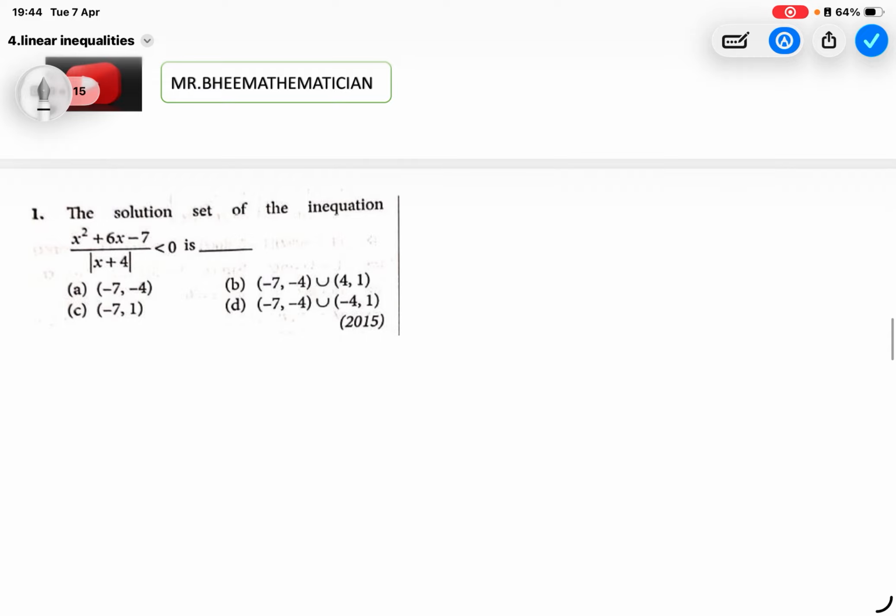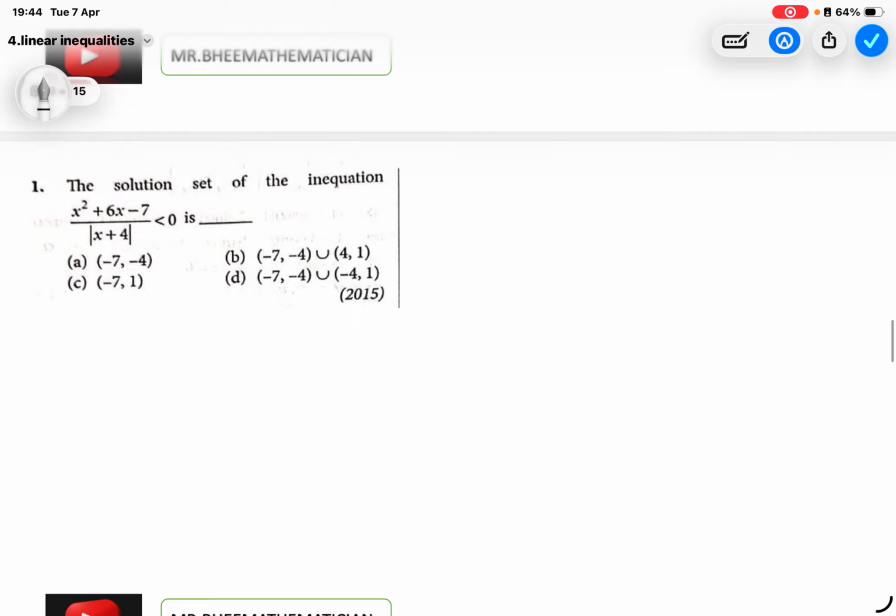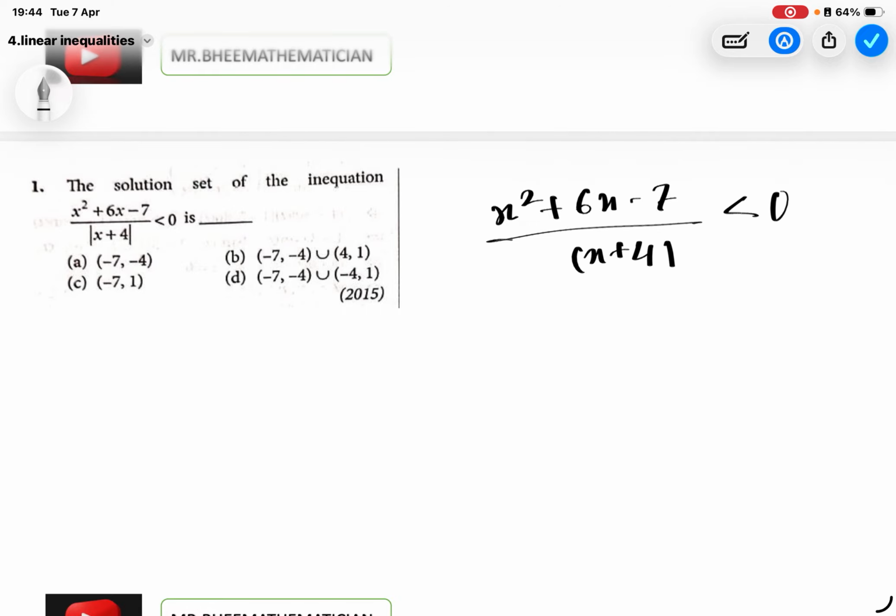And the solution set of the inequation x square plus 6x minus 7 divided by modulus of x plus 4 is less than 0, for which values? We know that it is less than 0 when the numerator and denominator have opposite signs. If the numerator is negative and the denominator is positive, then it is less than 0.